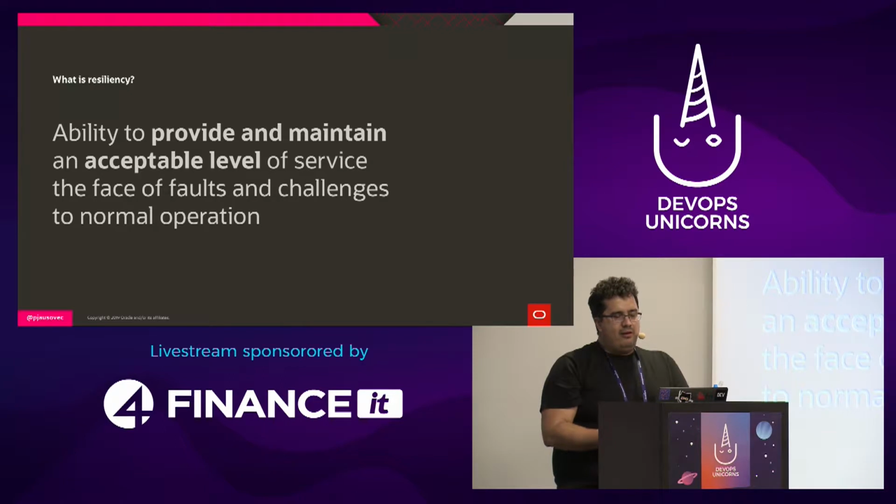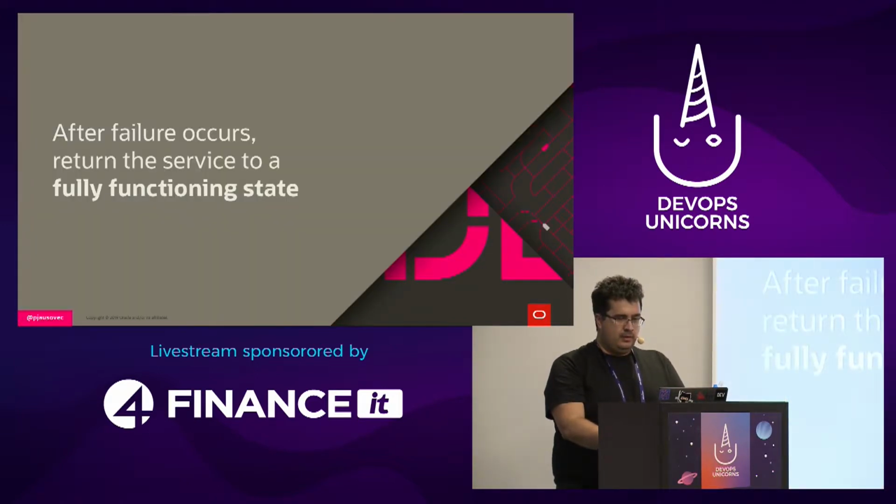It's more about responding to failures in such a way that there's no downtime or data loss. Based on that, we could say a very simple goal of resiliency would be to return your service to a fully functioning state after a failure occurs, right?